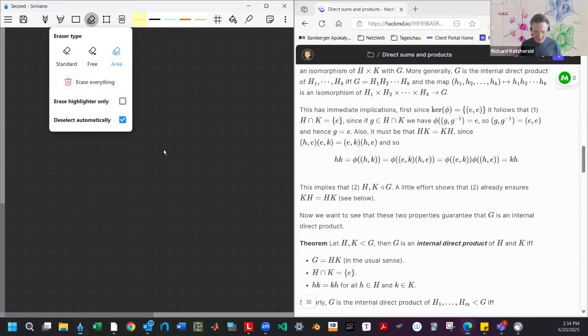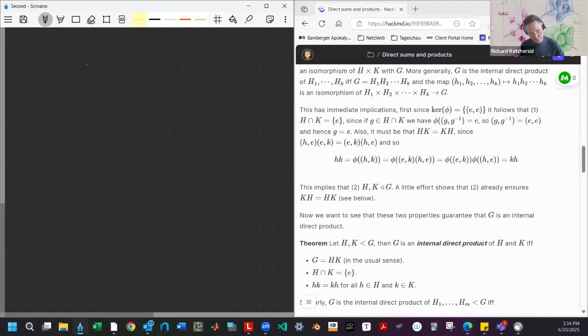So I'm in this general case, right? So just to make sure we're clear. So I've got G, I've got H and K, which are subgroups of G, right? And we have that G is equal to HK, and this is equal to KH. So we actually need both those things to happen, okay?